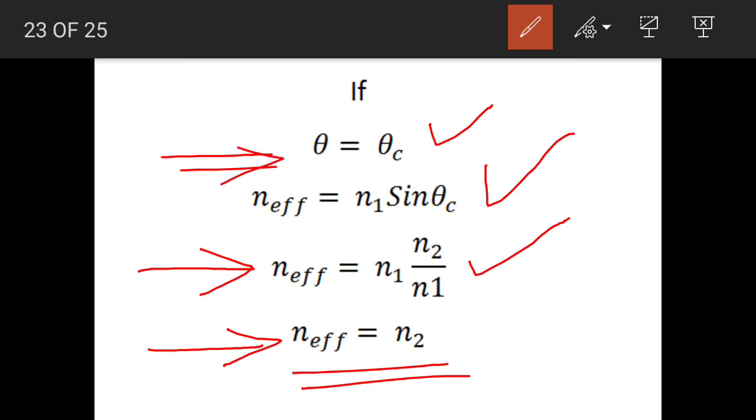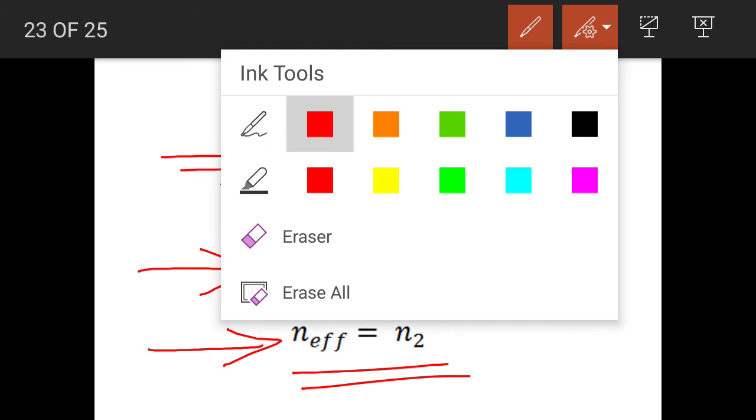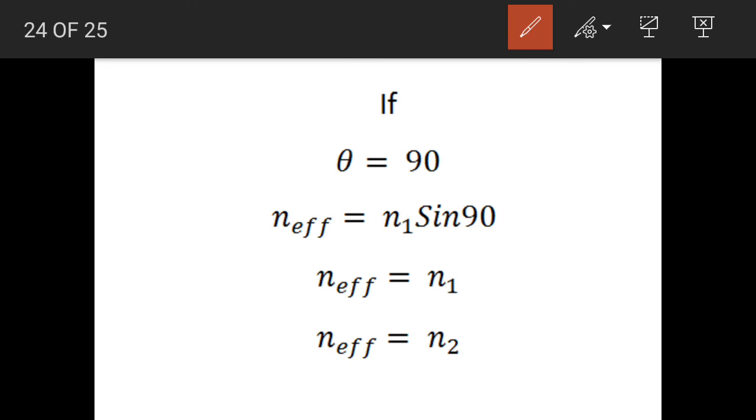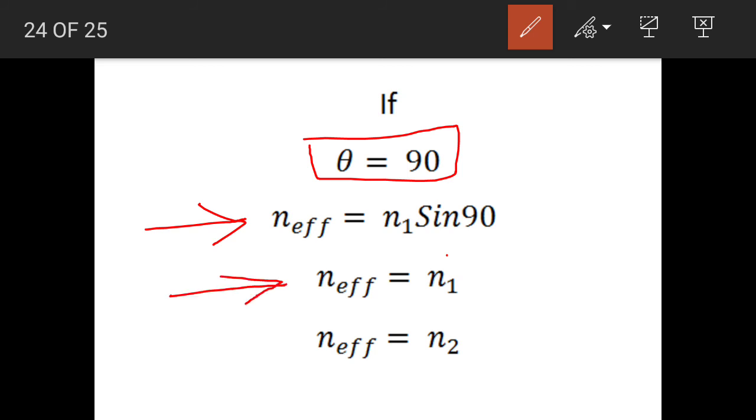And if theta is 90 degrees, then the effective refractive index of the central layer will be equal to N1 sine of 90. Sine of 90 is 1, so N effective will be equal to N1. So when theta is equal to 90 degrees, N effective is equal to N1.